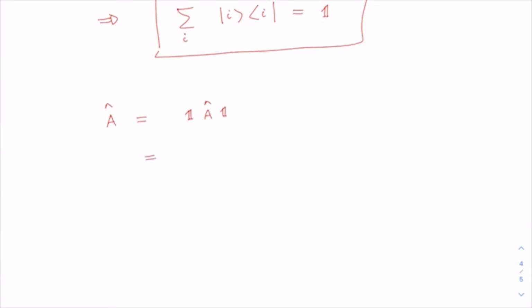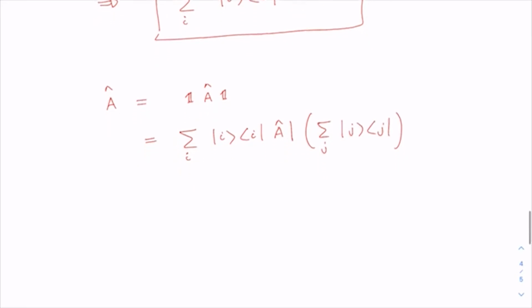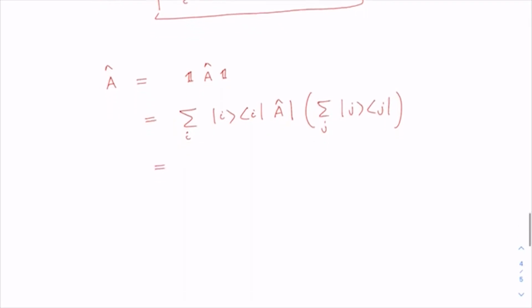Let me write the first identity as the sum of the outer products of ket i, then I have this A, and here the sum of the outer products of ket j.